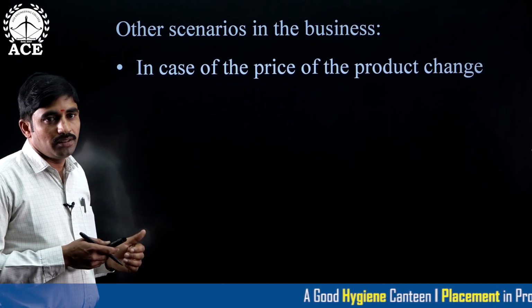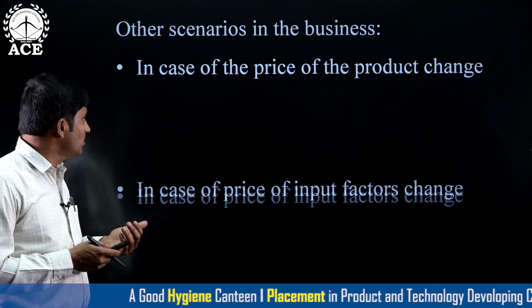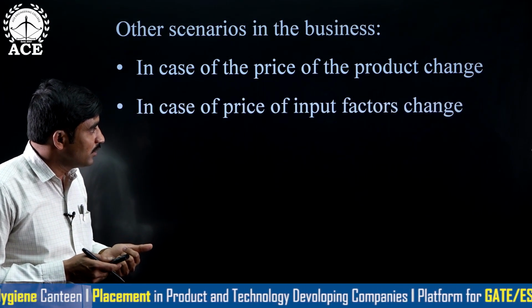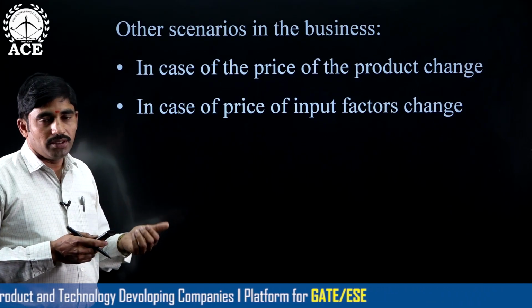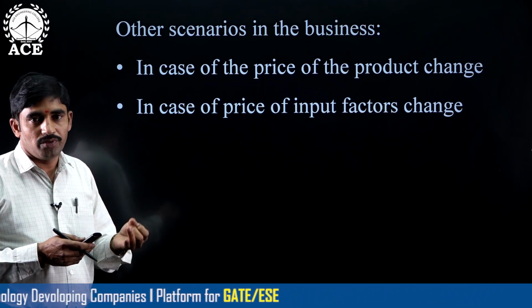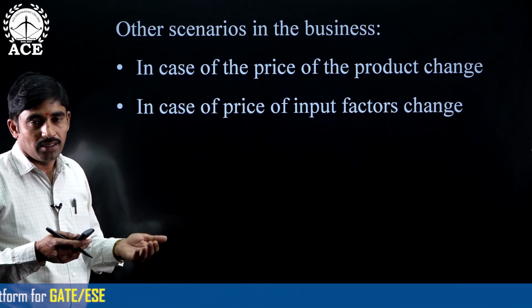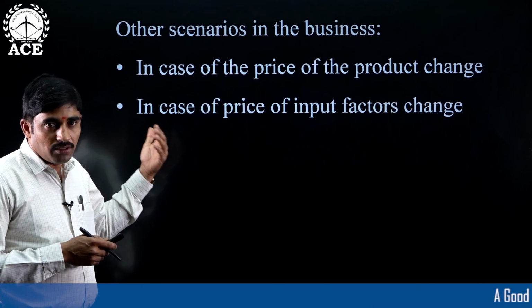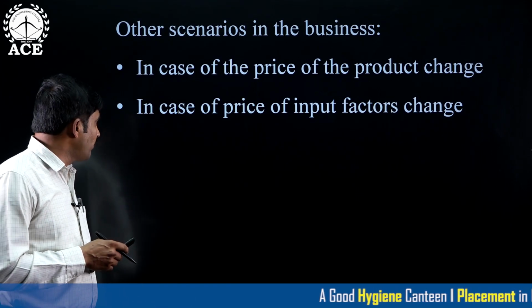Accordingly, we will change the target of the break-even point in terms of units as well as value. Also in case of price of input factors, whatever the input factors that we are using in terms of raw material, fuel, gas, water, or any other inputs, if any changes occur in the prices of input factors, we will also calculate the break-even point using the changes in input factors.